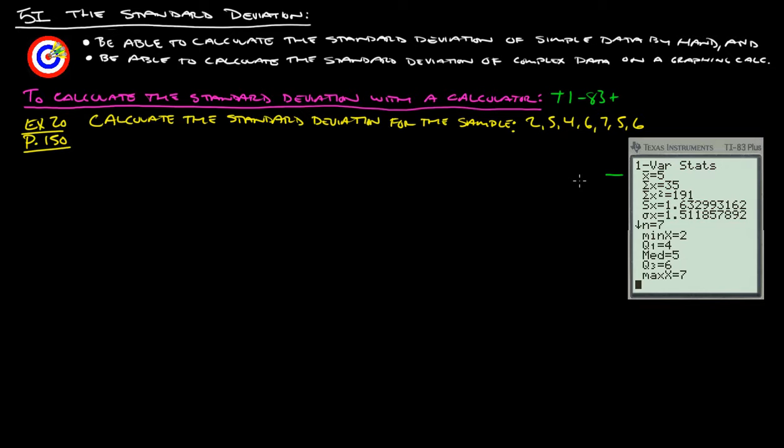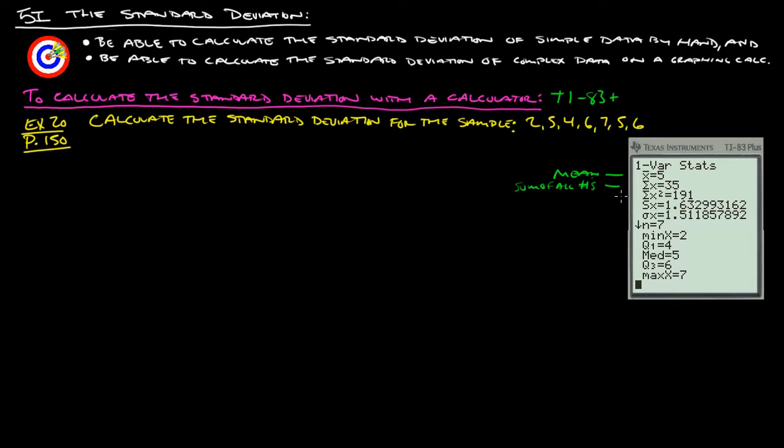So this here is our mean. So you can also use the calculator to actually calculate your mean or your average. This here, again, the sigma stands for sum, so that's the sum of all the numbers, or the data.